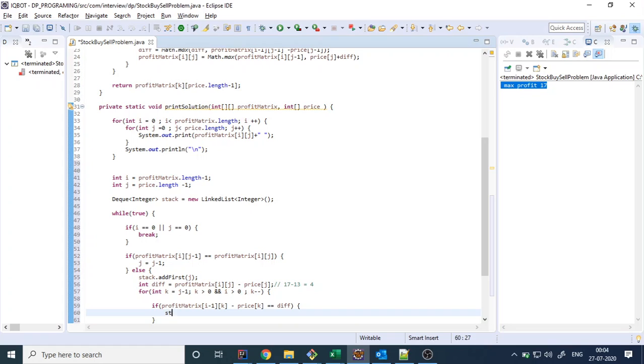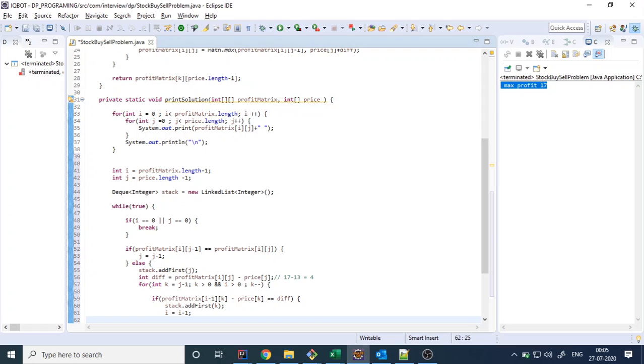Stack dot add first k, and i minus 1, since one level above, we are tracking the transactions, and j equal to k.